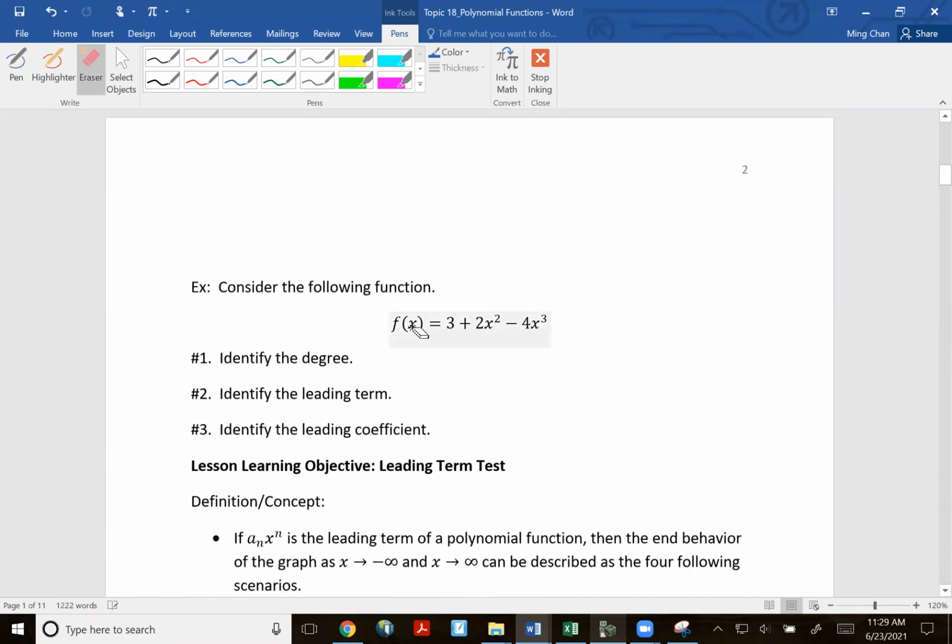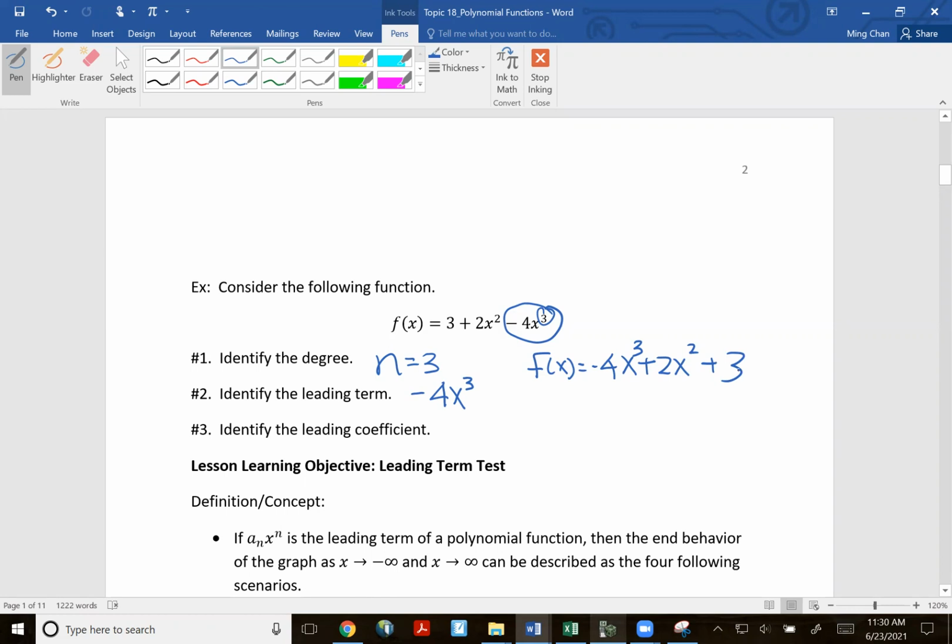All right, here's a polynomial function. Identify the degree. What is the highest exponent? The highest exponent I see is 3, right? So n is equal to 3. That means negative 4x to the third should be the leading term. So I can rewrite this function as negative 4x to the third plus 2x squared plus 3, in descending order of the exponents.